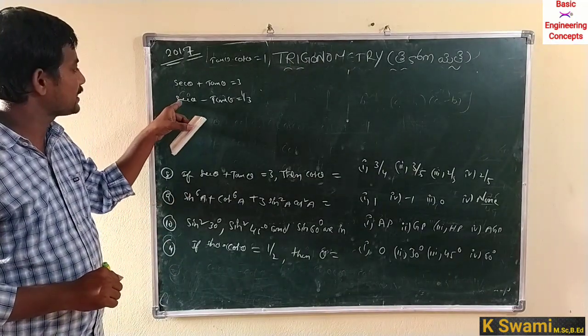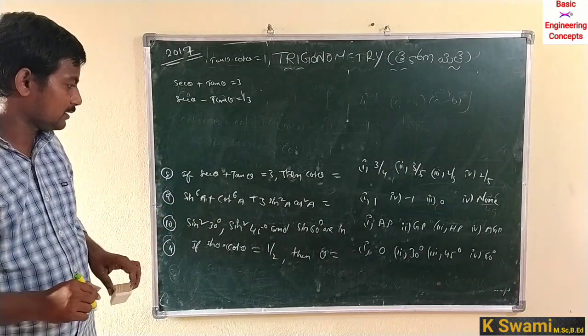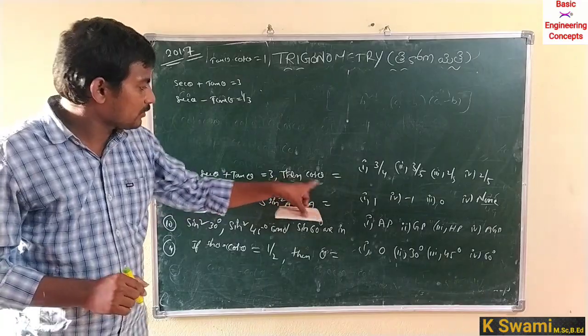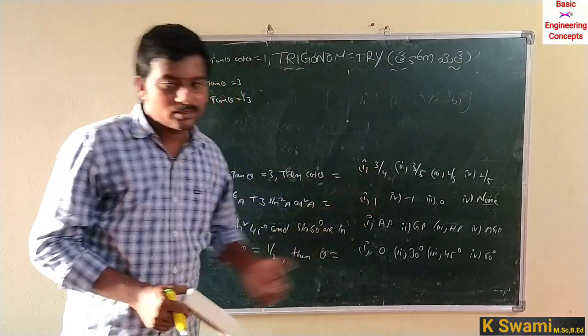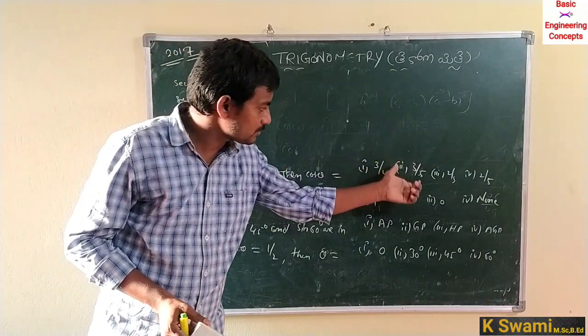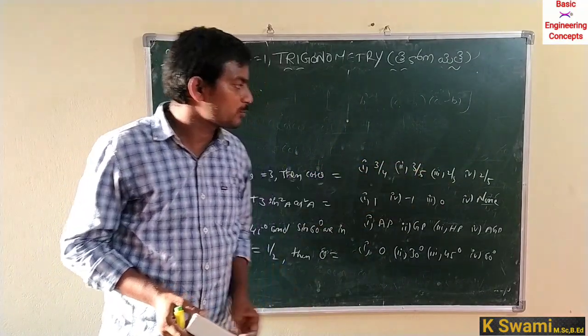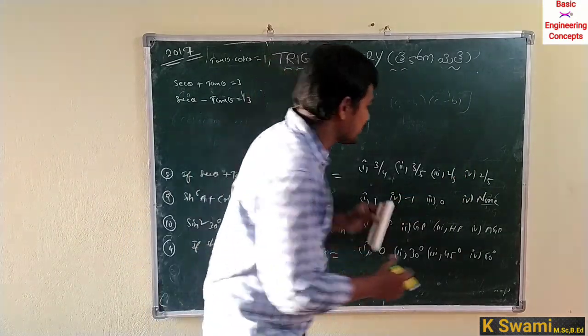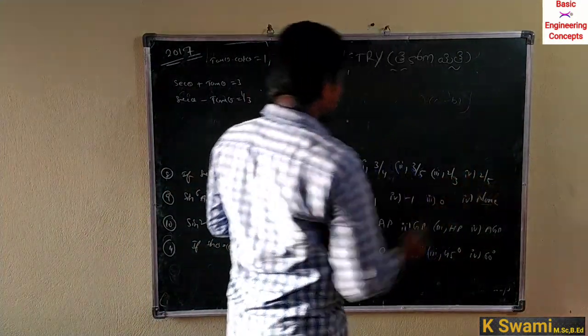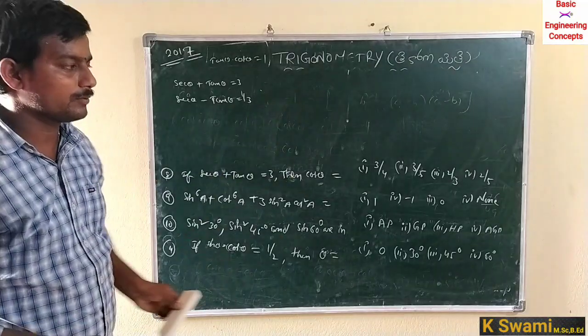Then find cos theta. The four options are 3 by 4, 3 by 5, 2 by 5, and 2 by 3.